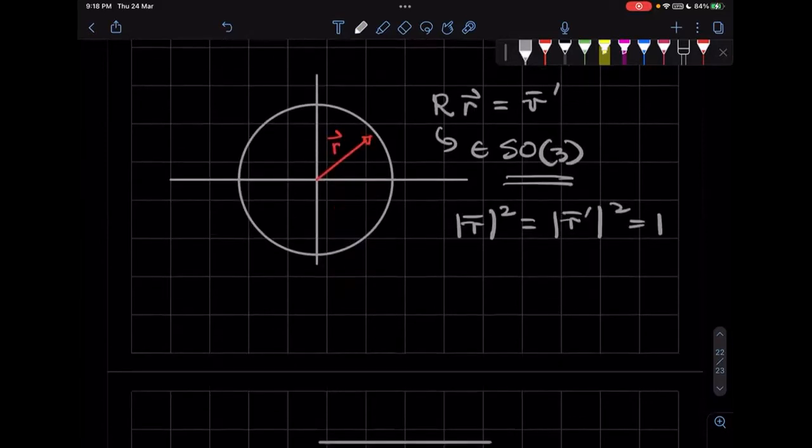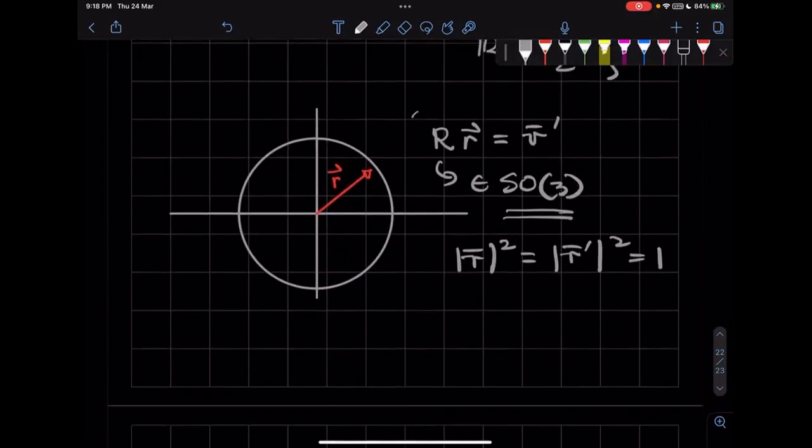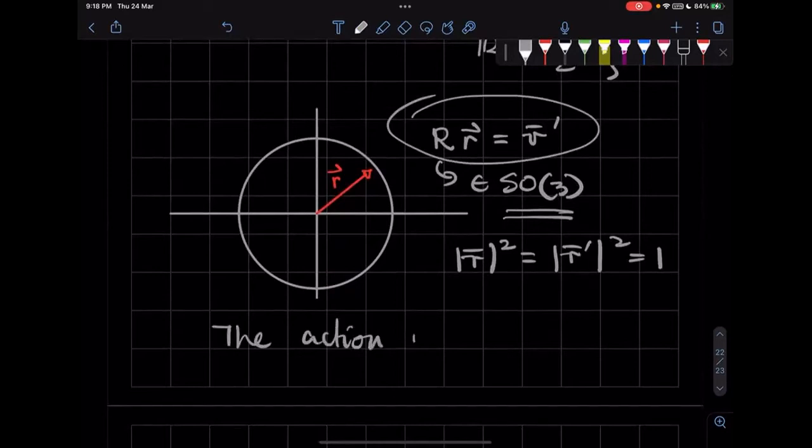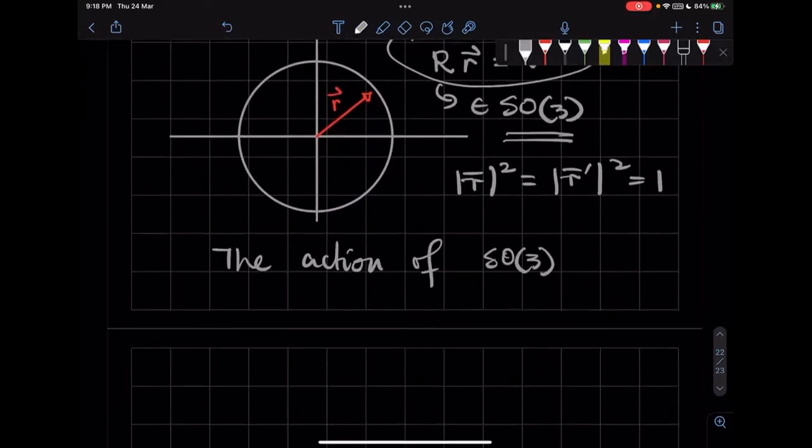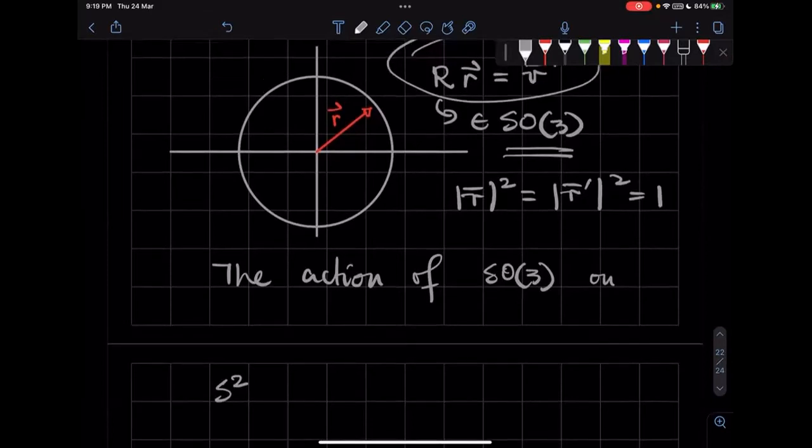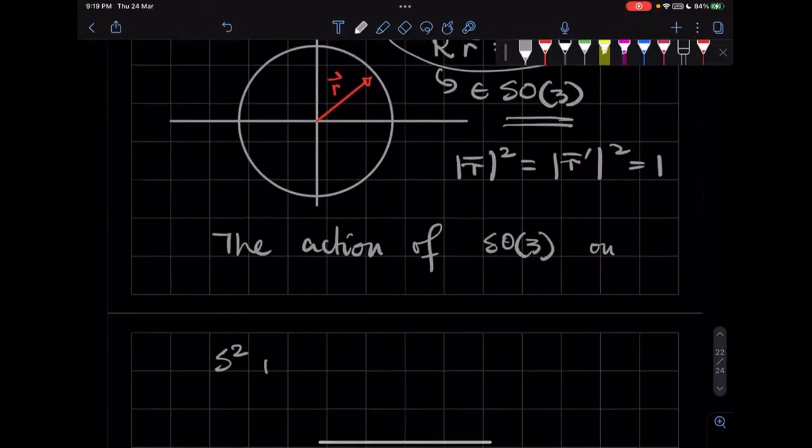That means that the action of SO3, this particular action, this is known as an action, I will define it. The action of SO3 on S2 doesn't change it. The resulting space looks exactly the same, right?